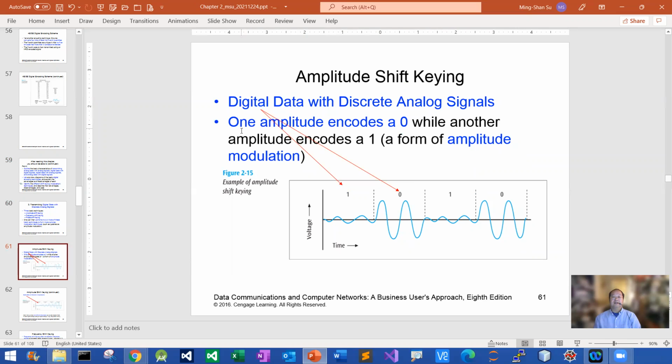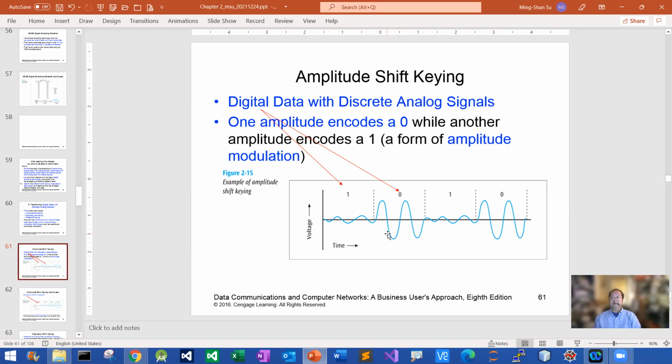With that understanding, we can use one amplitude to represent the digital value of 0, and another amplitude to represent the digital value of 1. You can see that we can use this low height of the wave to represent the digital value of 1, and this higher one to represent the value of 0.